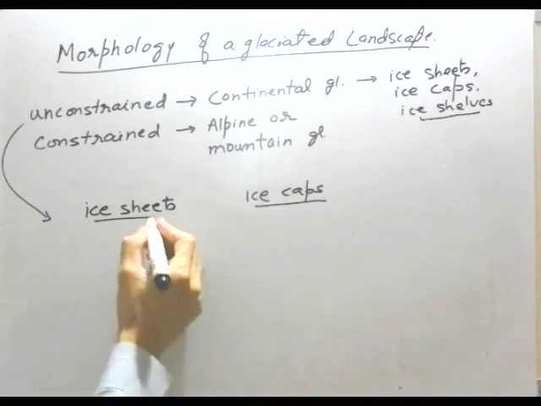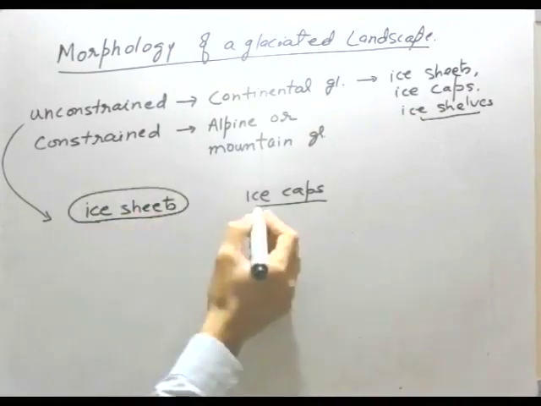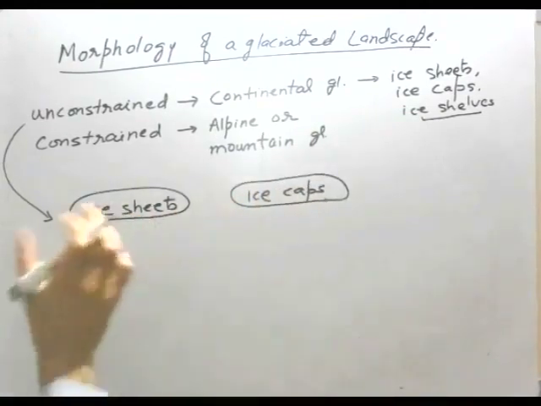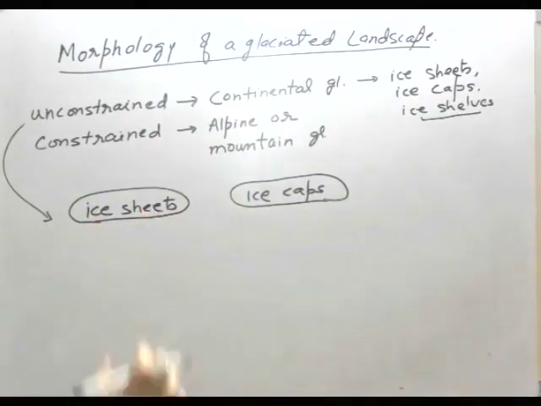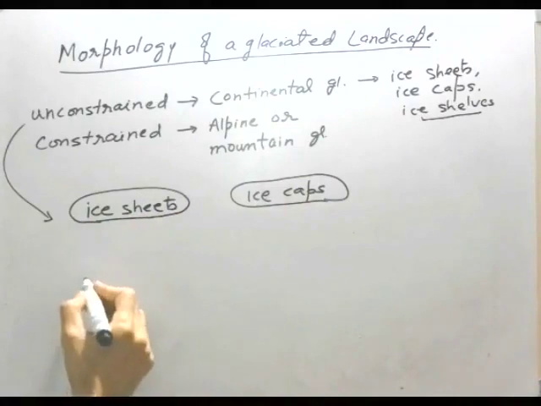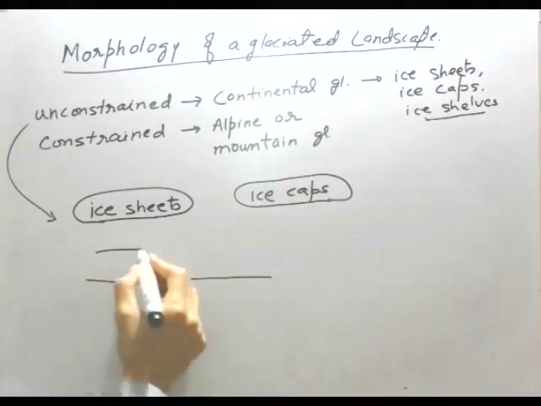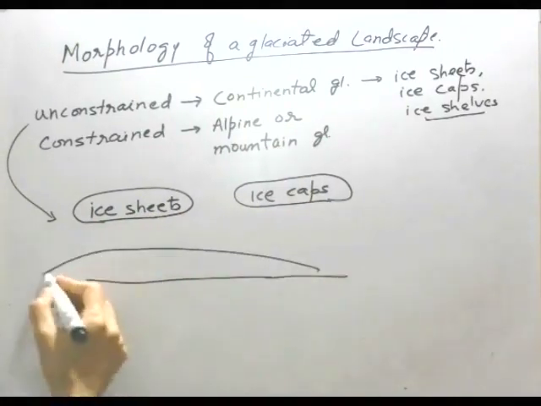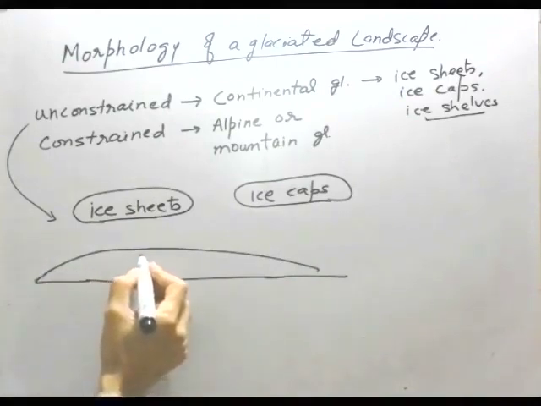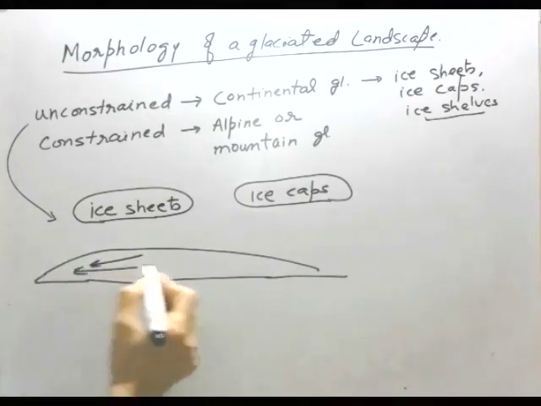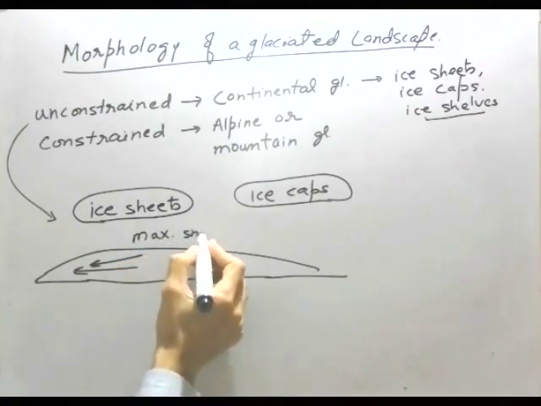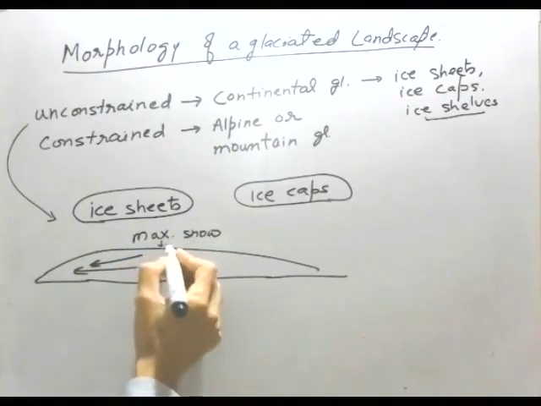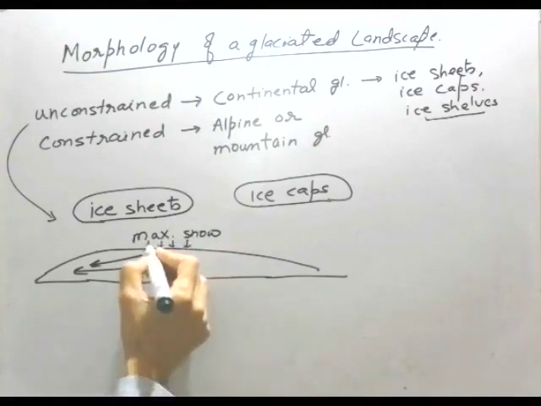Now, within these ice sheets, earlier it was thought that these are simply blankets of ice over the continents, and it was assumed that this whole mass of ice is simply moving away from the central portion where maximum snowfall, or maximum rate of accumulation of snow, is observed.